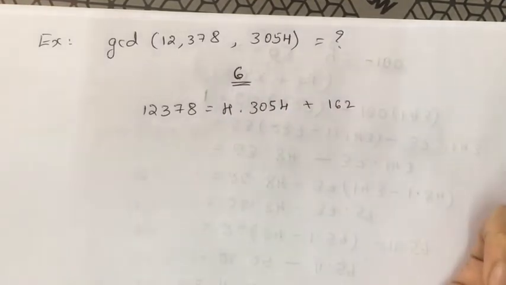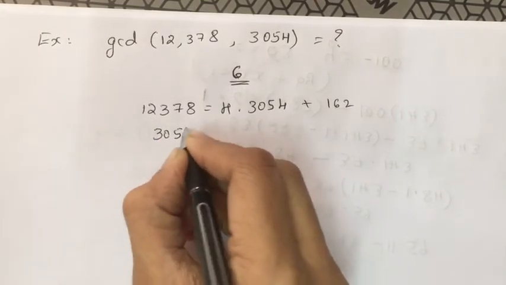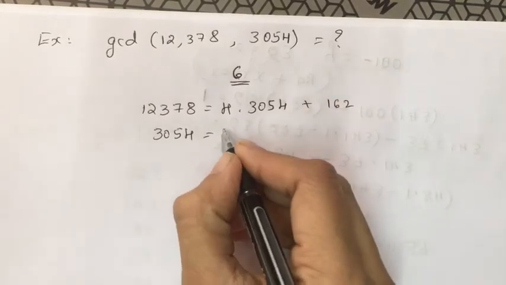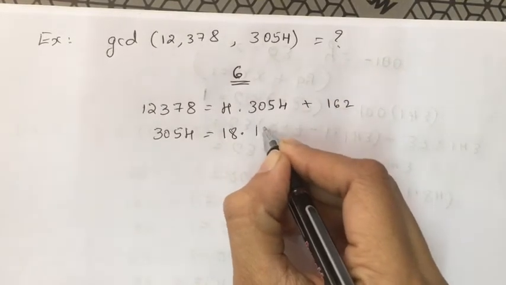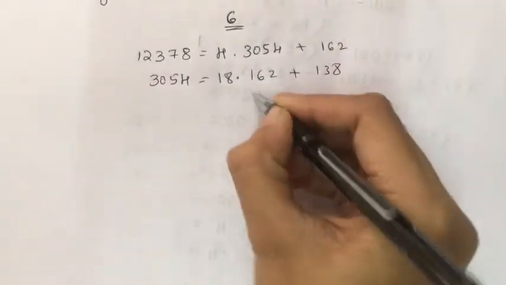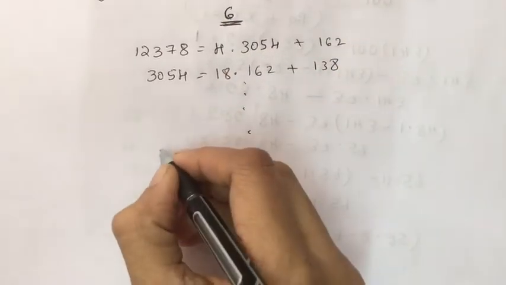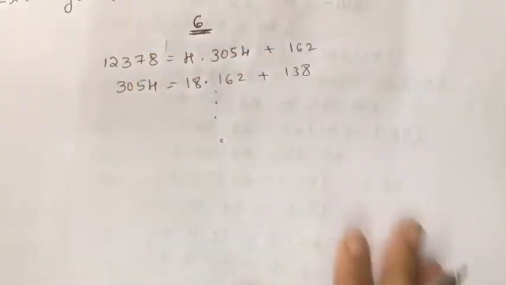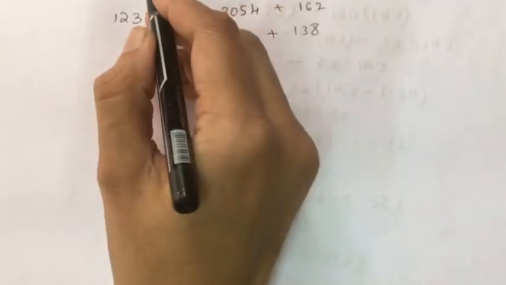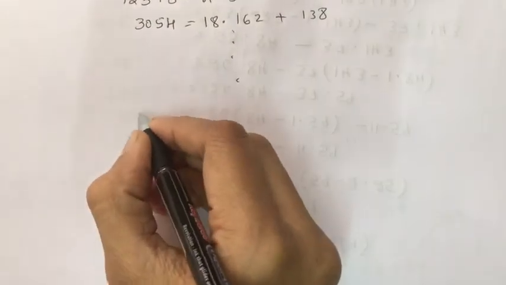You have to proceed like this. The last non-zero remainder will be 6. Therefore, GCD of this will be 6, and you have to present 6 as a linear combination of these two numbers. I'll just give you the linear combination.